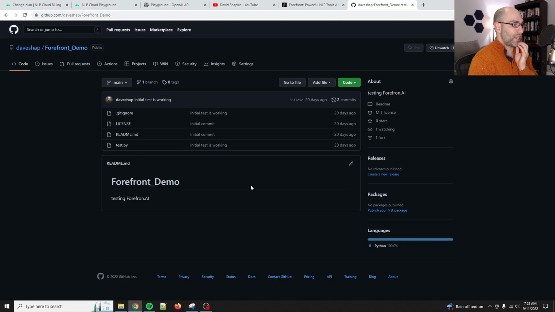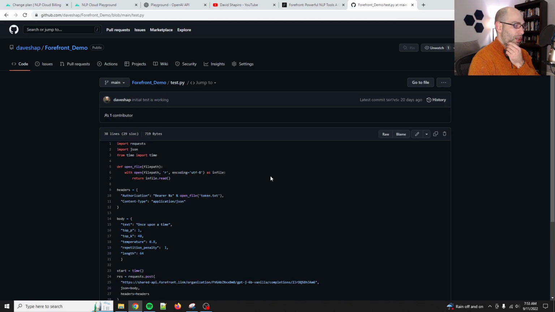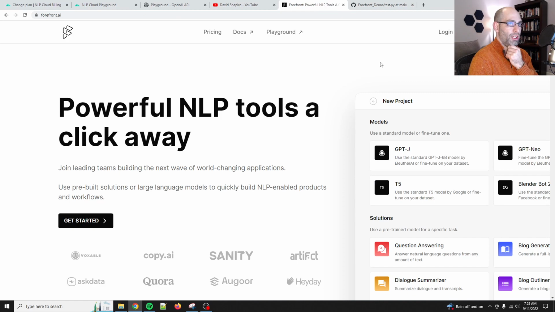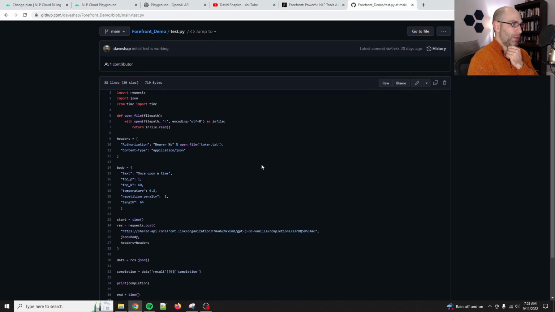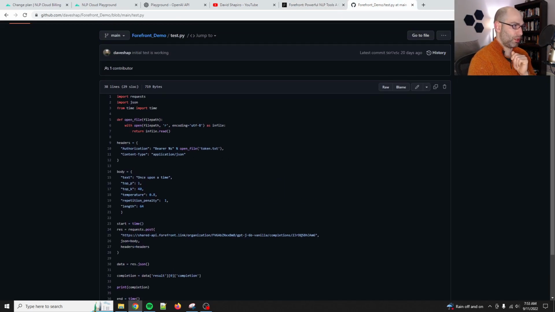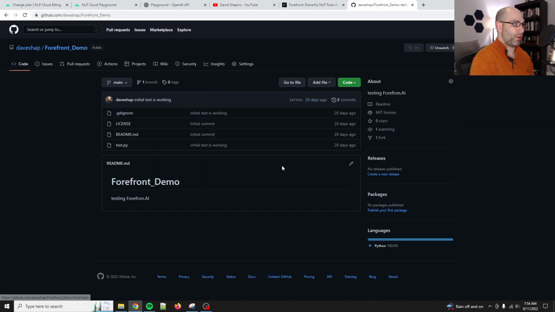The only thing that you need to do is add a token, your token file. So once you log in to Forefront, you'll get your authorization token. It's a bearer type token. It's just hexadecimal. You put it in token.txt in this repo, and away you go. This API is actually really simple.